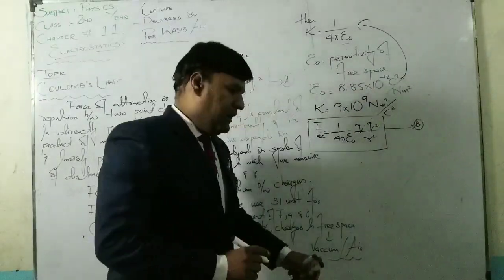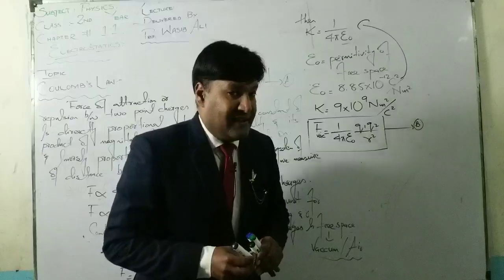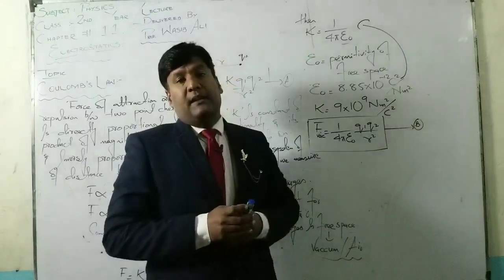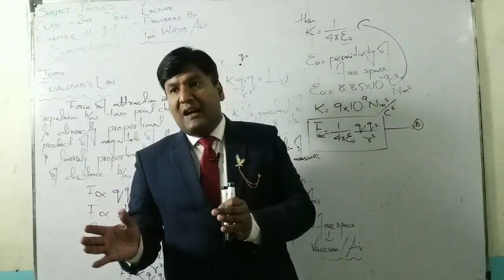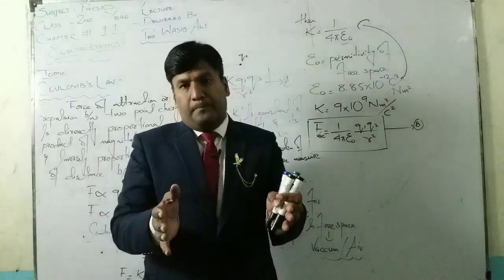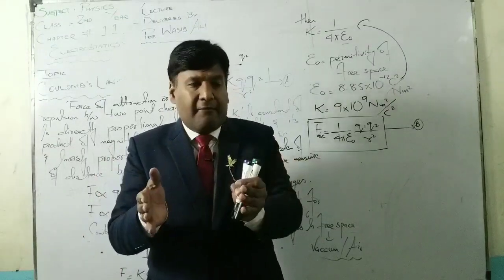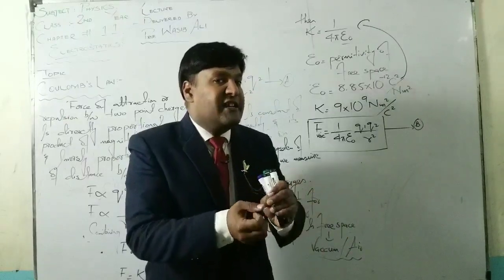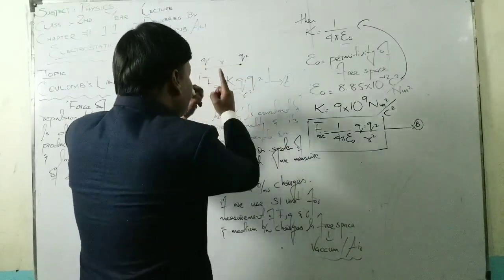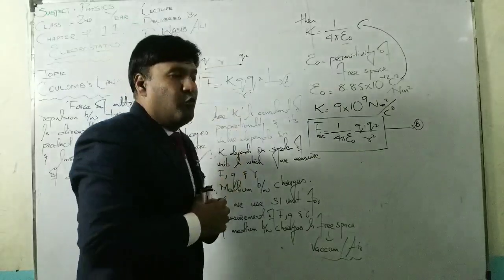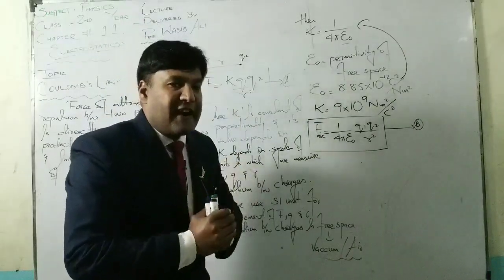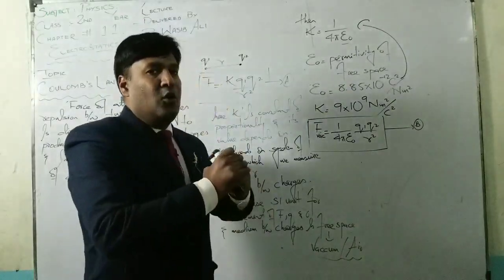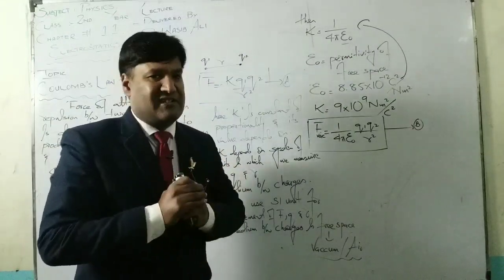Now a big question arises: instead of vacuum or air, if we use a certain insulating medium between the charges, what will be the effect of this medium on the forces between the charges?